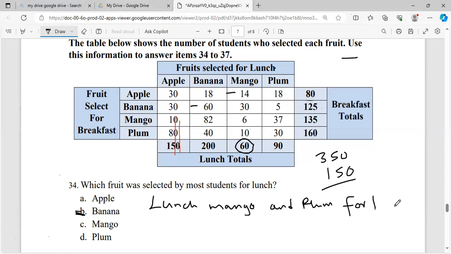Let's say they ask you, how many persons took mango for lunch and plum for breakfast?